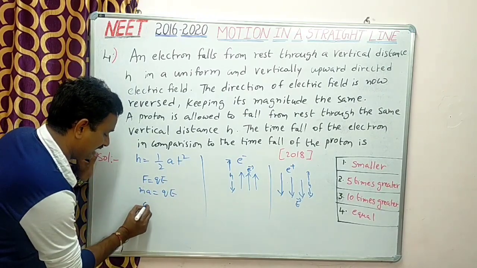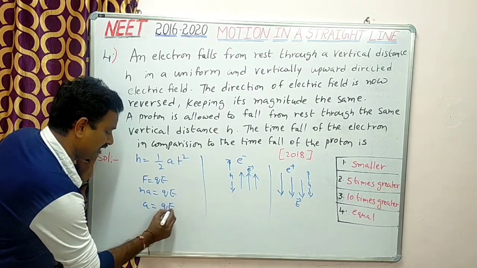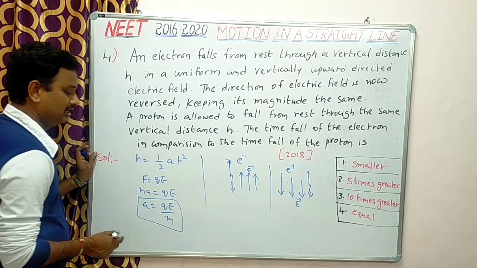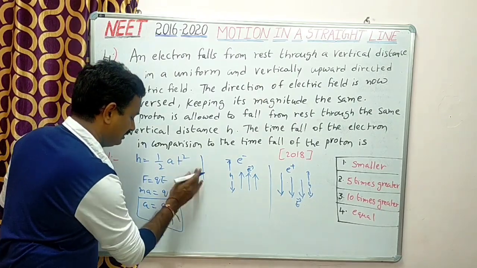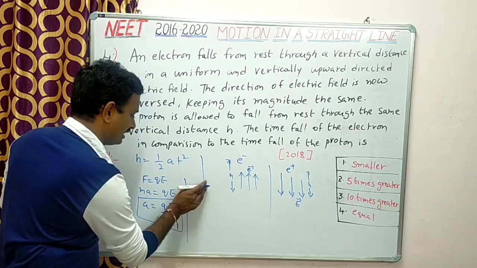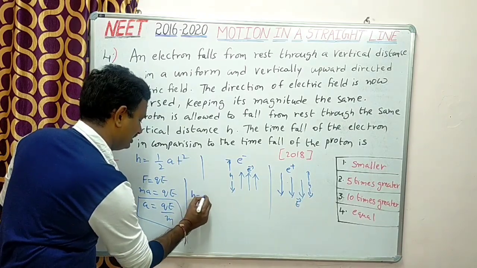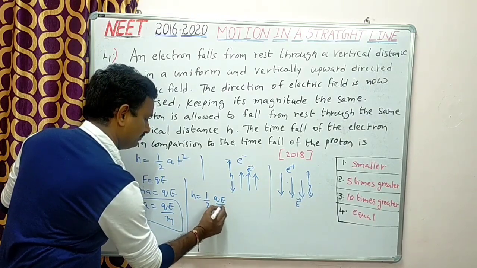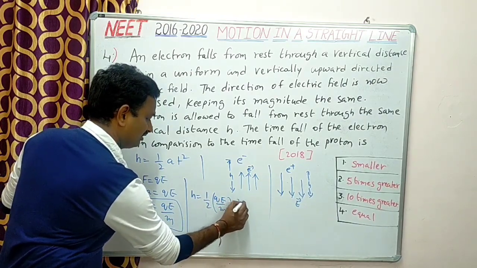So from that a equal to qE by m. Now I will substitute in the place of a this qE by m. So what will I get? Look at here, h equal to half into qE by m into t square.